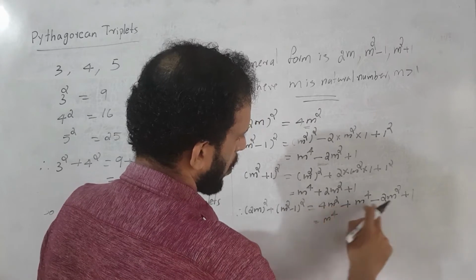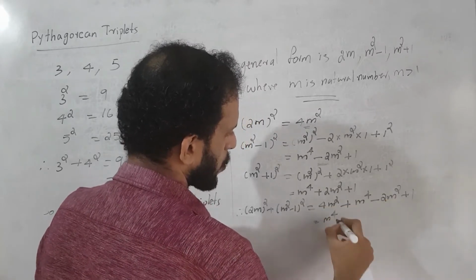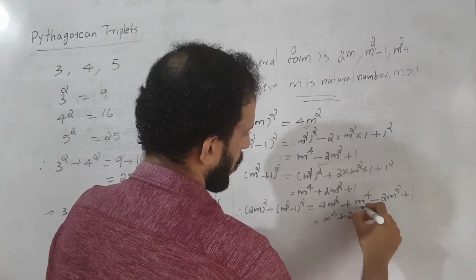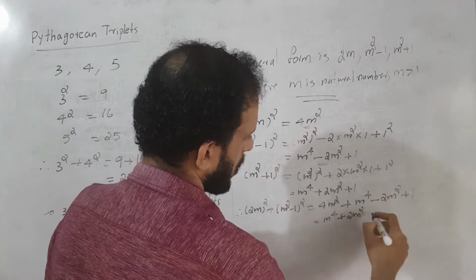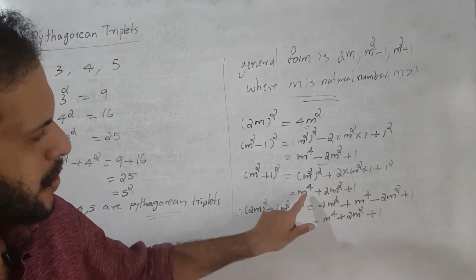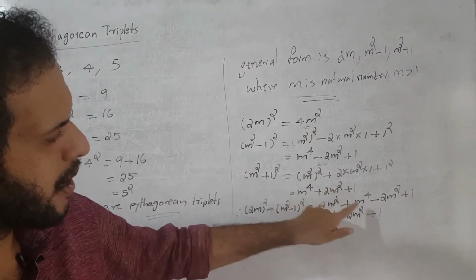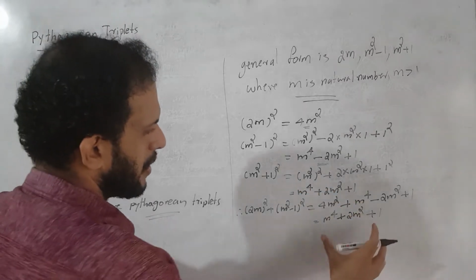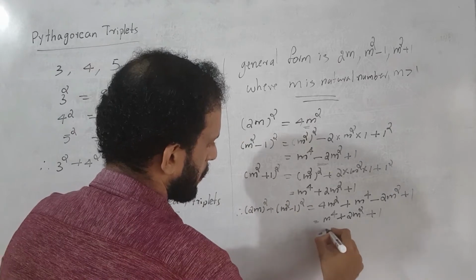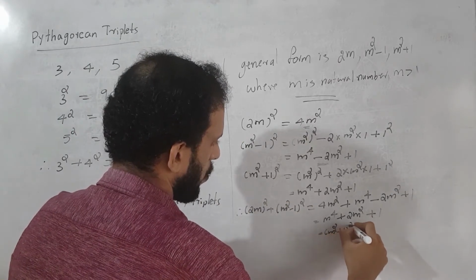Then 4m square minus 2m square is plus 2m square. Then plus 1. Correct? Then now we got the same result, m raised to 4 plus 2m square plus 1. That means this is the result of (m square plus 1) whole square.